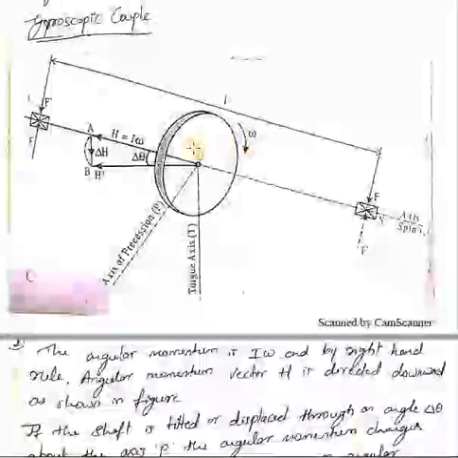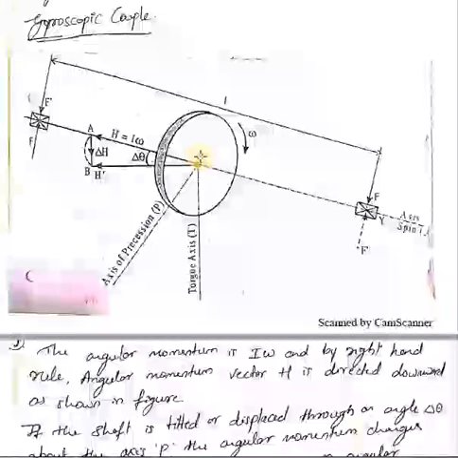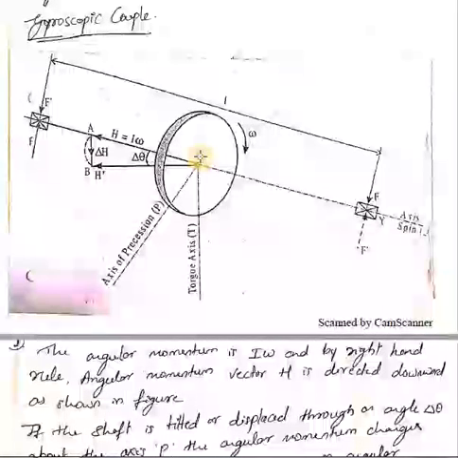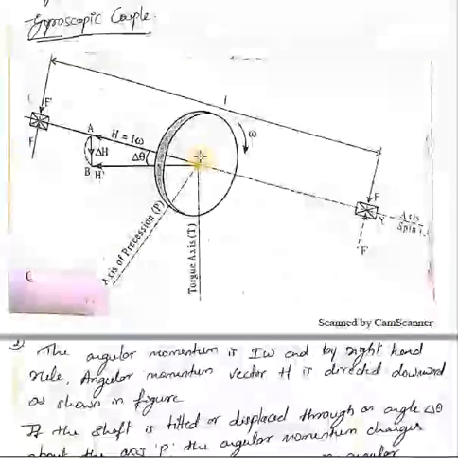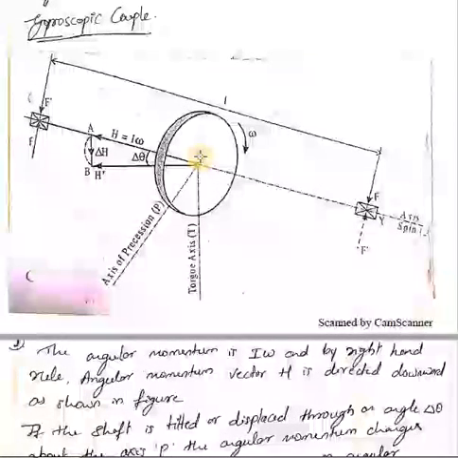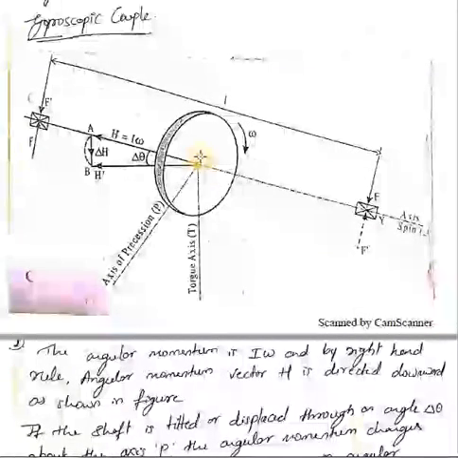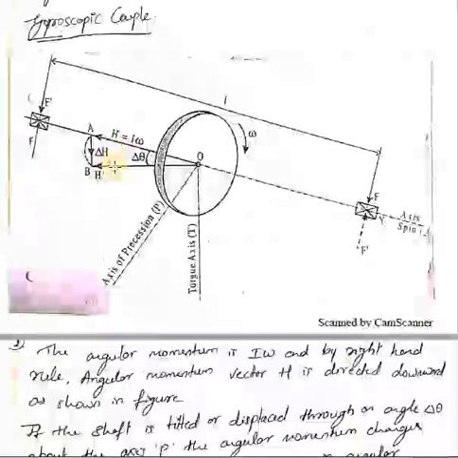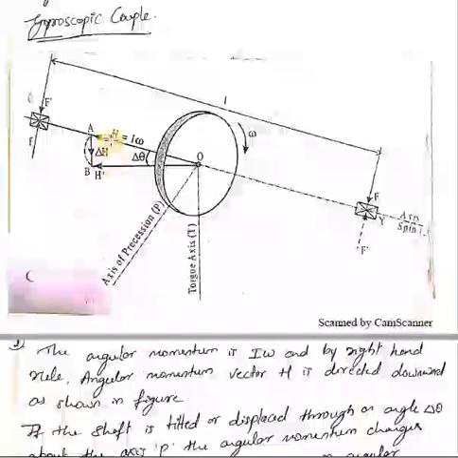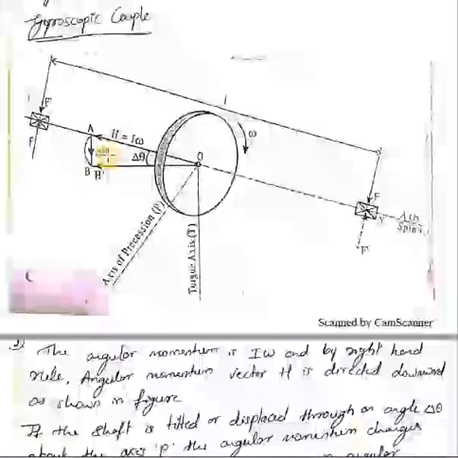The shaft is tilted or displaced through an angle delta theta about the axis P. The angular momentum changes from h to h dash, and delta h is the change in angular momentum. So initially it was h, now it is h dash. By changing h to h dash, we get delta h.